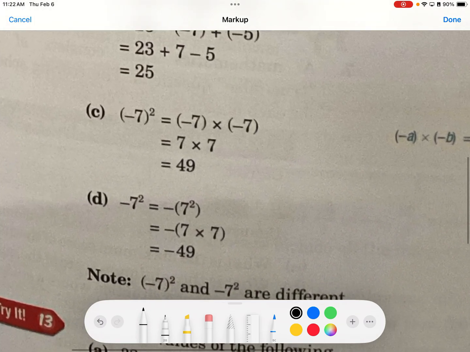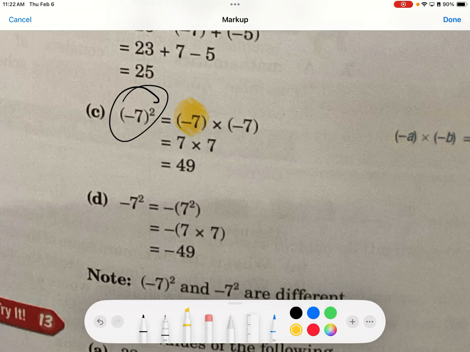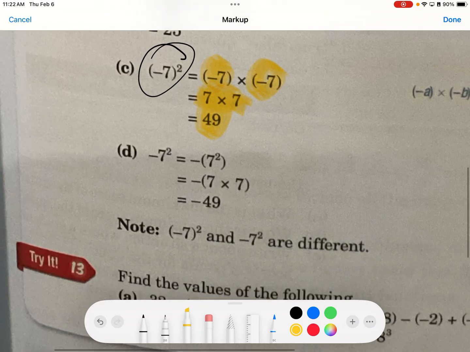All right. So negative 7 squared, Micah, is negative 7 times negative 7, which ends up being 49. All right, now look at this. The negative sign was inside what was being squared.